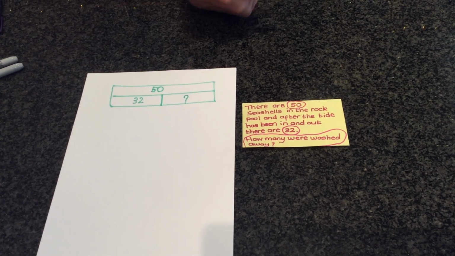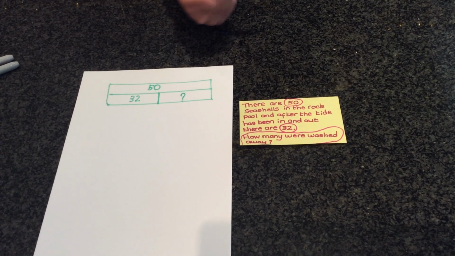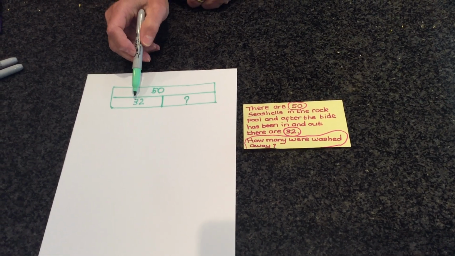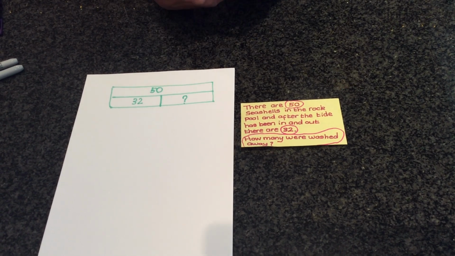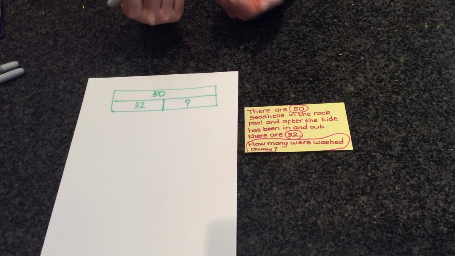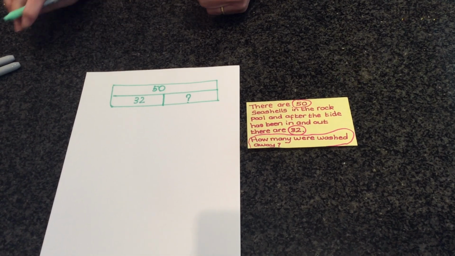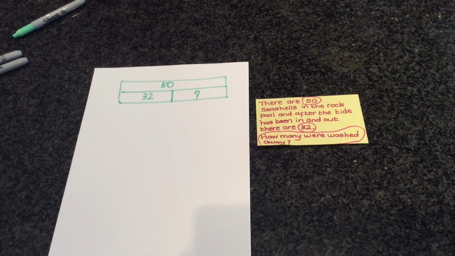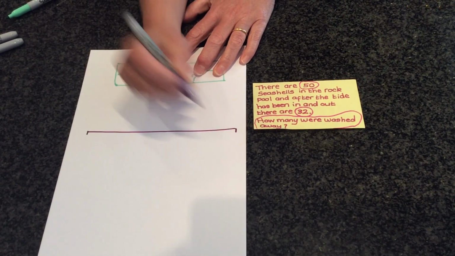I don't know how many were washed away. That's the missing number. Now, I know that if I add those two numbers together, it will total there. So even though it's a subtraction problem, I can use my inverse operations to help me do this. As well as, of course, my trusted empty number line.